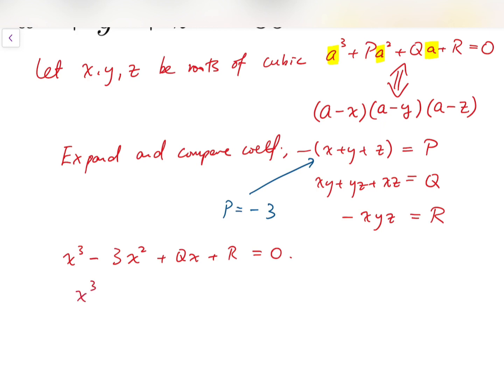And from this, I can tell that x cubed can be degenerated into smaller powers of x, because we are given the value of the sum of cubes. So x cubed equals 3x squared minus qx minus r.